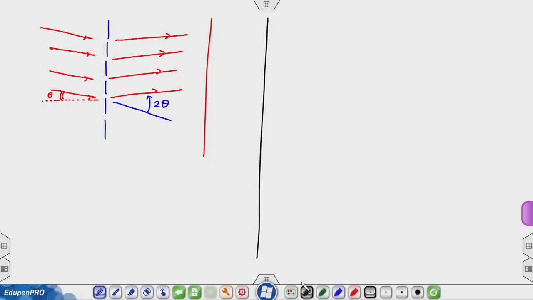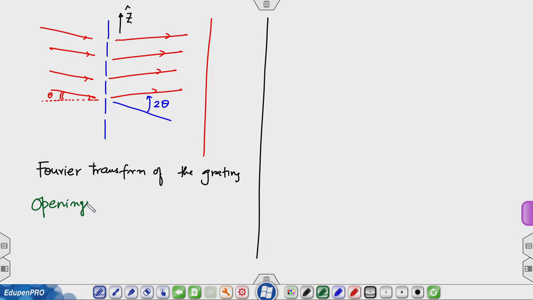Let us call this direction in the plane as z direction, and let me take the Fourier transform of the grating. So, the openings are at z equals n d.